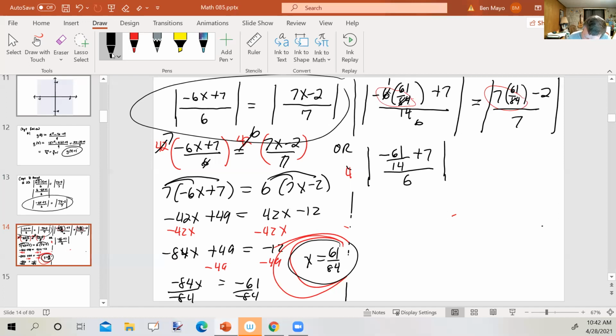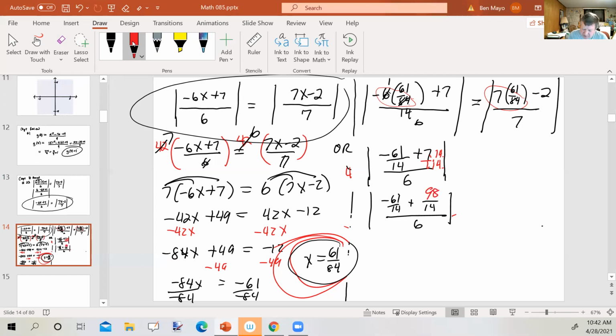Now I'm going to get a common denominator of 14 and 1, which is 14. So in my next step, I'm going to have negative 61 14ths plus so many 14ths, all over 6. I'm going to take the 7 that's right here and multiply it by 2 over 2. No, not 2 over 2. What am I going to multiply it by? 14 over 14. Yeah. So I get 98 14ths.